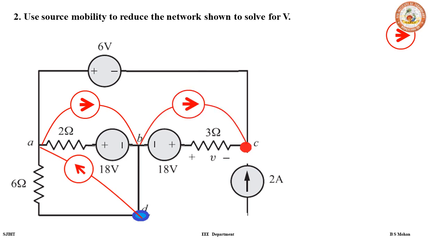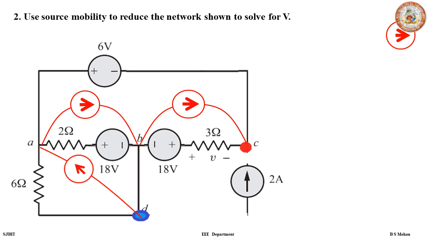So still 2 amp is entering. You might wonder, sir, it has entered point A, it has also entered point A and B, so isn't the electrical characteristic changed? No, the electrical characteristic has not changed, because according to KCL, current entering is equal to current leaving. The sum of all the currents at a junction is equal to 0.